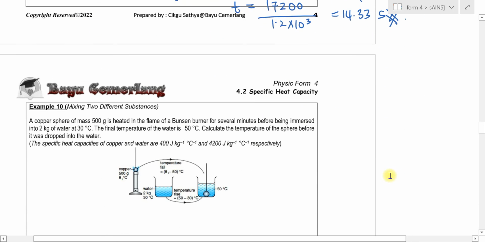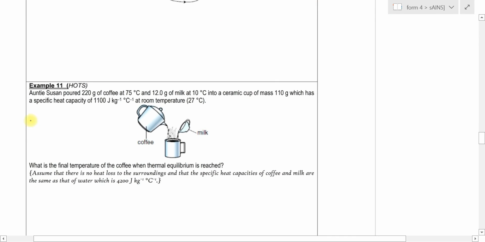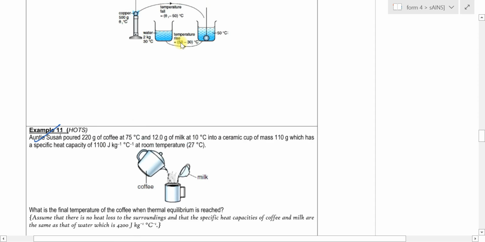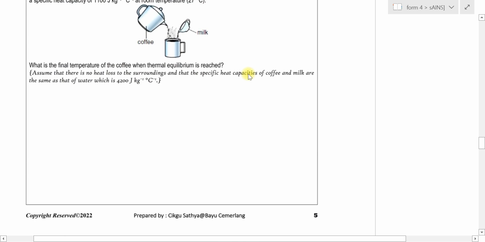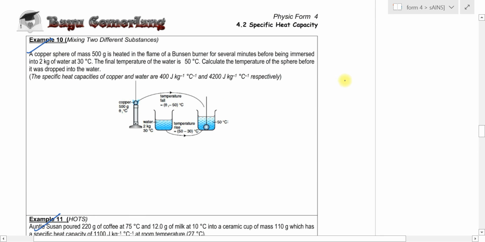Okay. Now, try to do example 10 and 11, based on what I already taught you. I give you like 3 minutes for this, 3 minutes for this. Yes, ma'am. Okay. Try first.